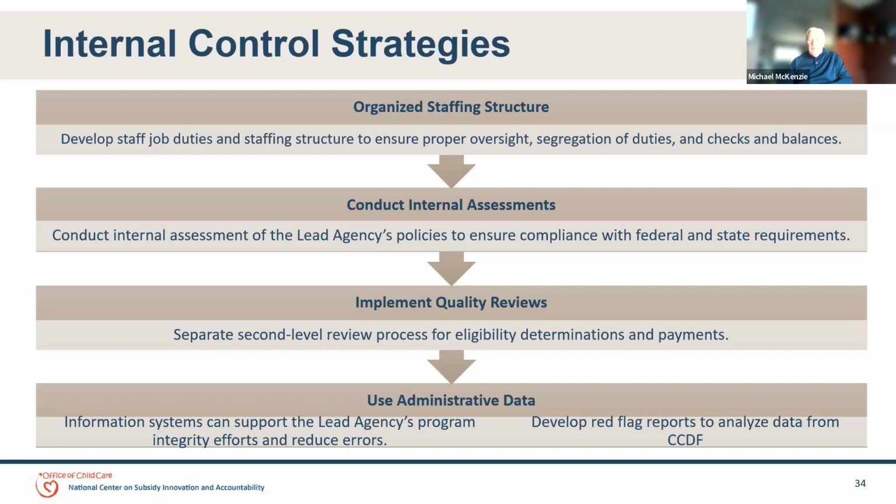Internal assessments of your policies on a regular basis. And then, of course, implementing quality control reviews or supervisory reviews just to check eligibility every so often, and using administrative data, whether it's data matching or development of red flag reports. And we're going to talk about a few of those in the next slides here.